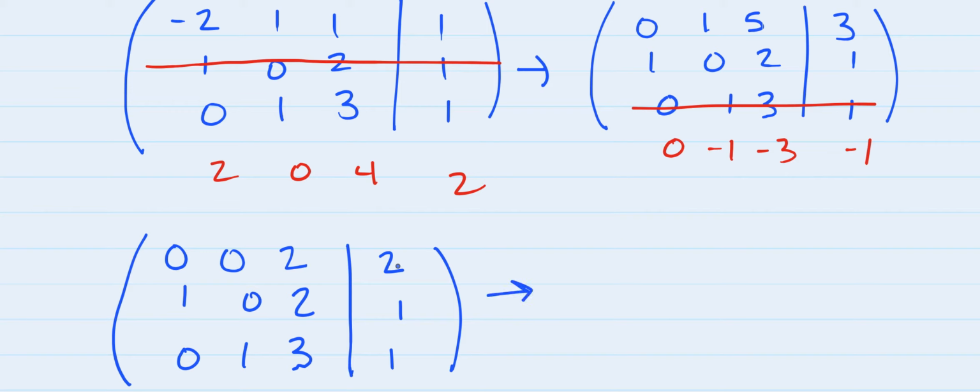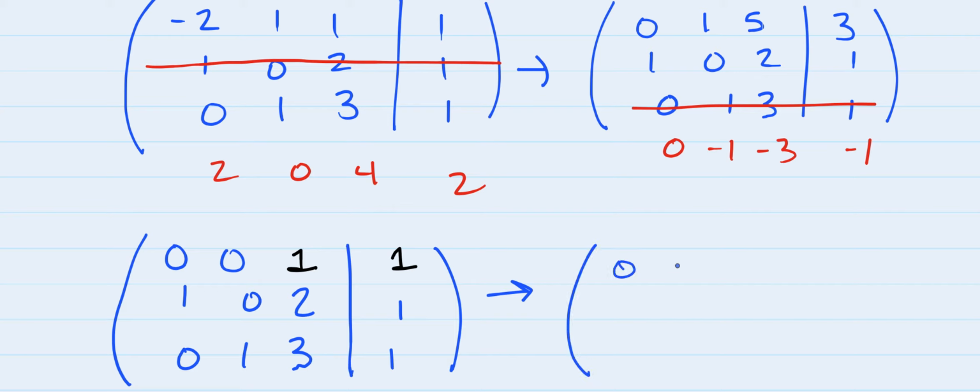And the next step is I want to make this a 1, and then I want to get rid of this 2 and this 3 here. So I can just go ahead and divide this by 2. Then I'm going to multiply this row by -2 and add it to this row, and then multiply it by -3 and add it to this row.